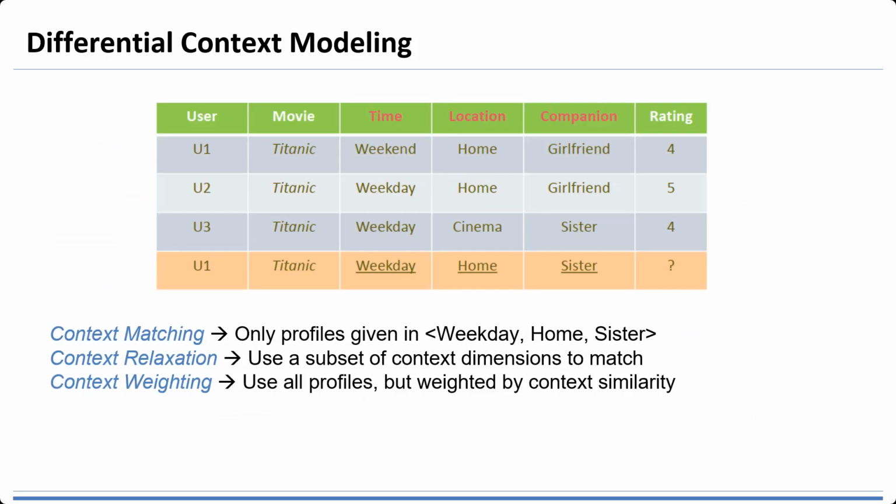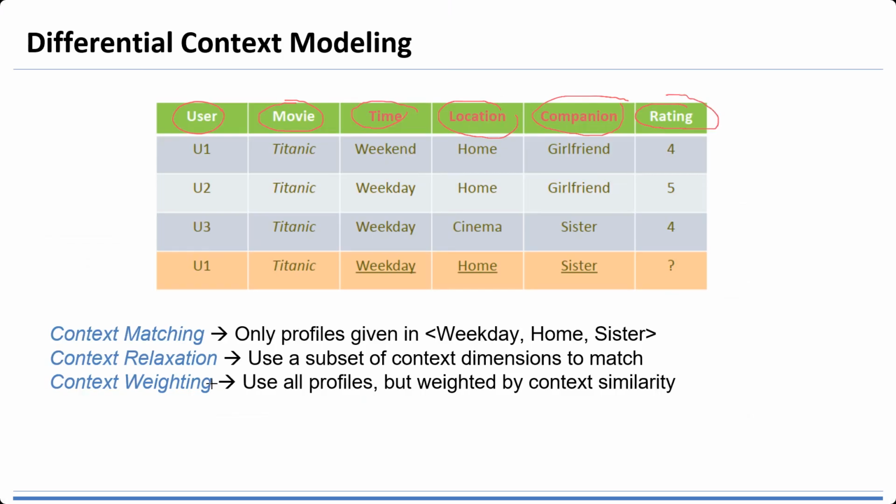So the differential context modeling, what is it? We have information like this: I have the user, I have movie information, I have the time, the location, and the companion, and I know the rating.